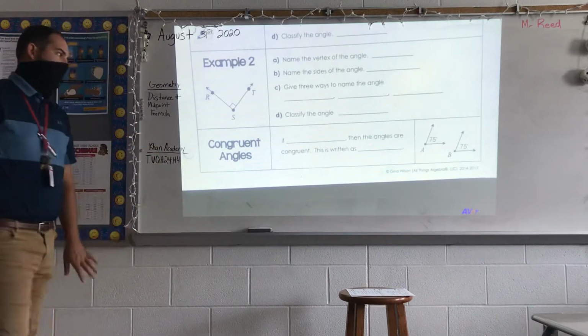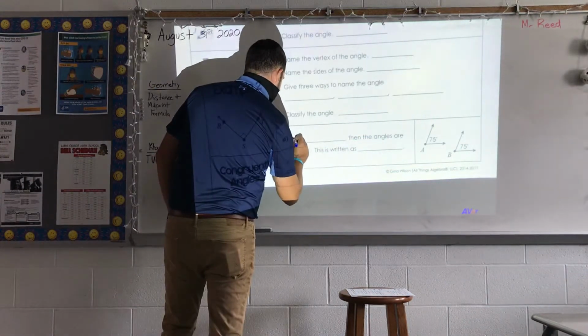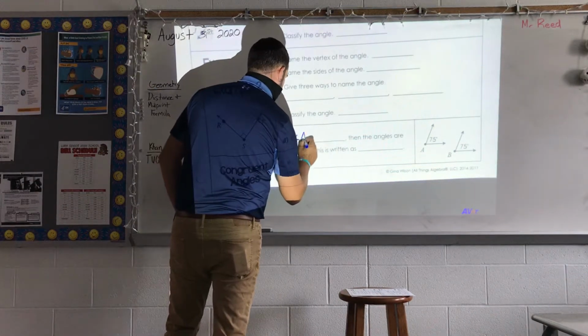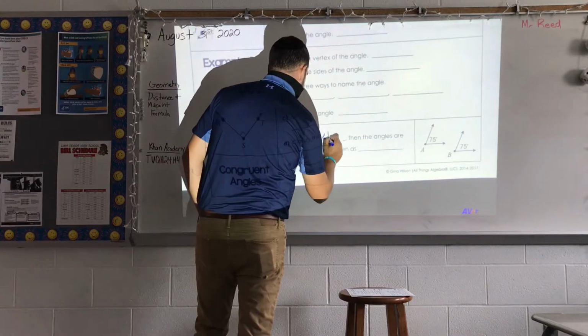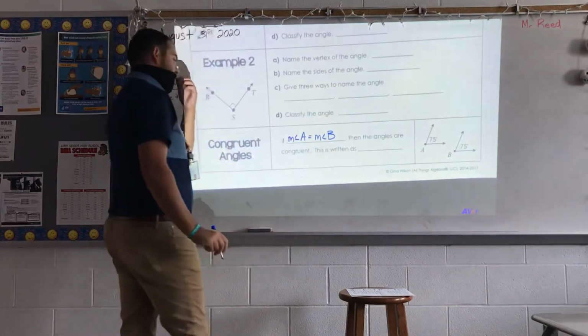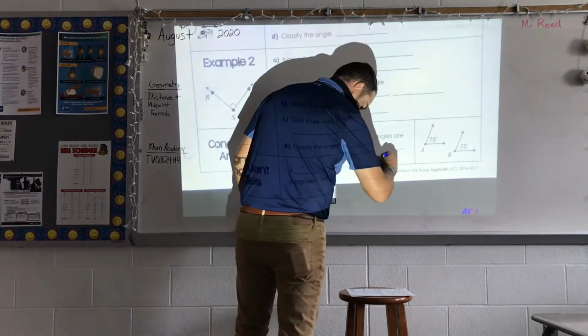Congruent angles, okay? So this is saying if the measure of angle A is equal to the measure of angle B, then the angles are congruent. This is written as, anybody remember how we write congruent?